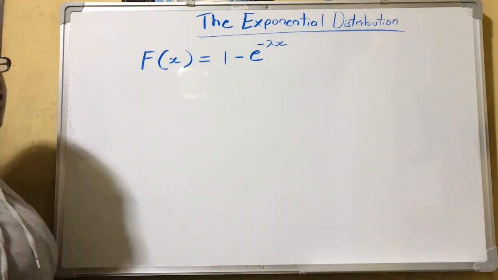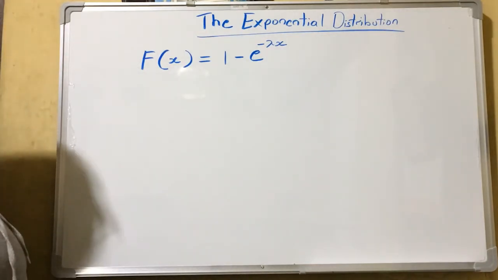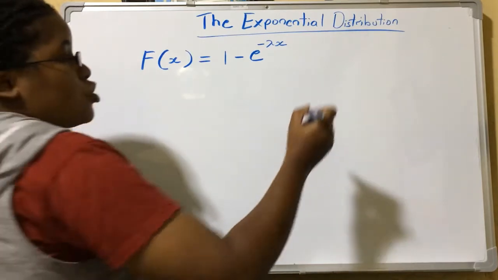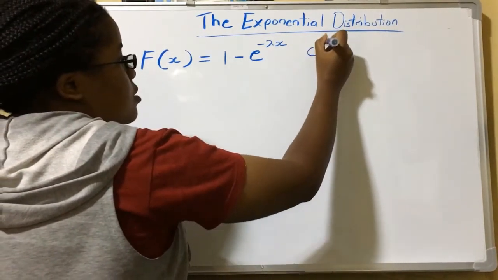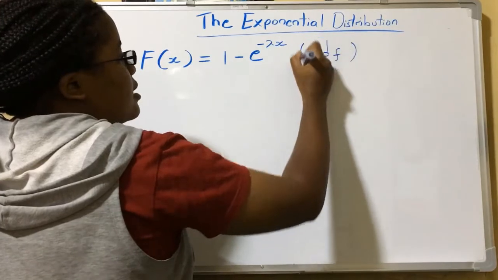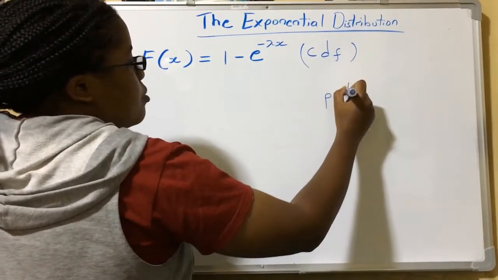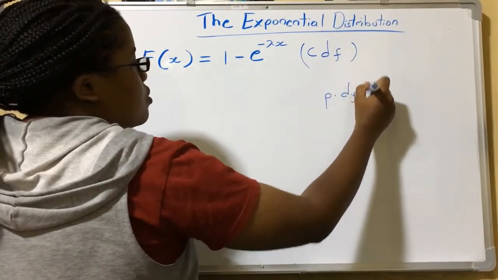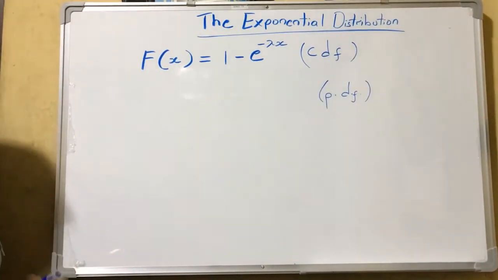The first thing I want us to do for the exponential distribution is, from its CDF, its cumulative distribution function, find out how we obtain its PDF. What is the probability density function for the exponential distribution?